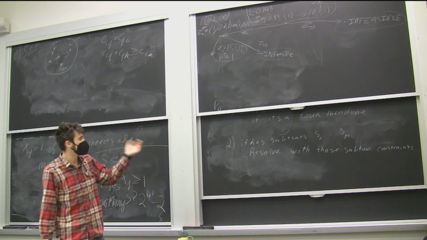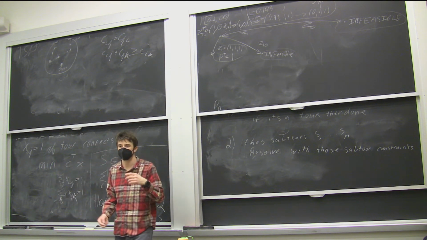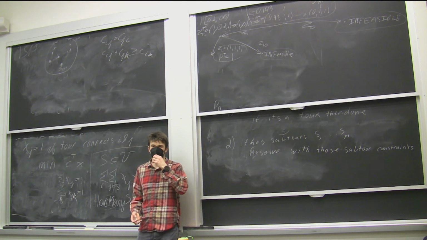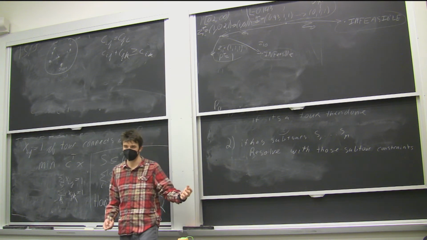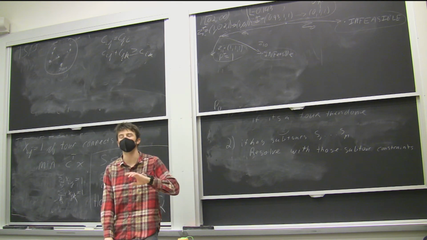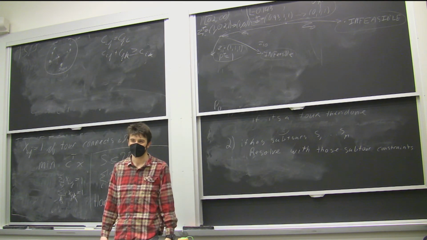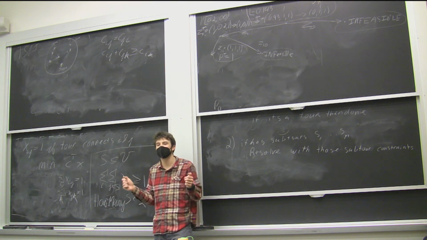I'm going to redo the whole problem, resolving with all those subtours excluded, and I'm going to get a new solution with more subtours. But every time I do this, I'm going to be excluding more and more of the subtours, and eventually, hopefully, I get the solution faster, because some of those other subtour constraints are not active in the actual solution.